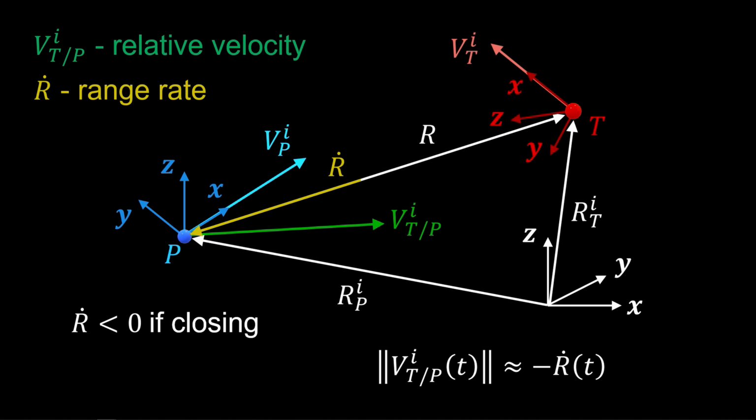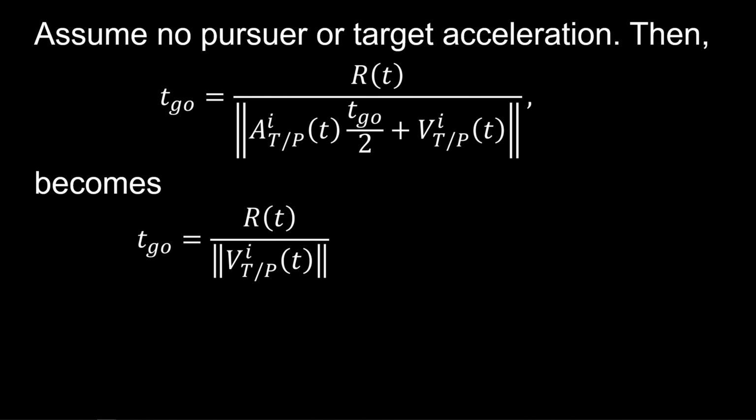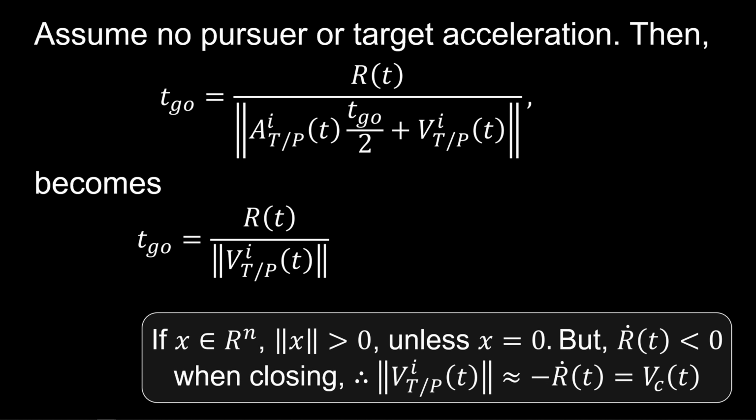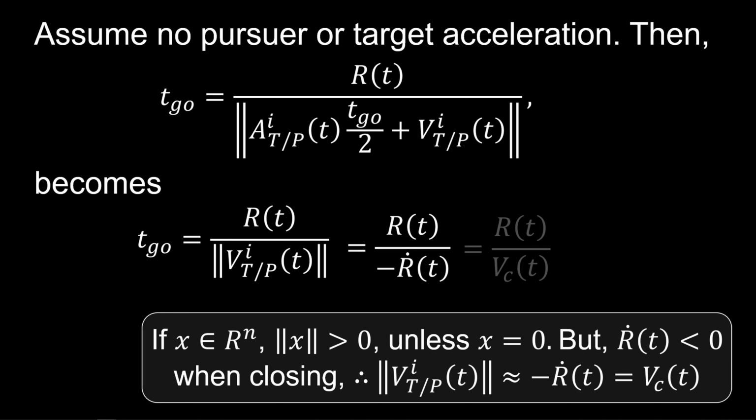And minus the range rate is closing velocity, since VC is positive by definition when closing in on the target. Bringing this approximation into our time to go formula, we substitute for minus r dot in the denominator. This is equivalent to r over closing velocity.